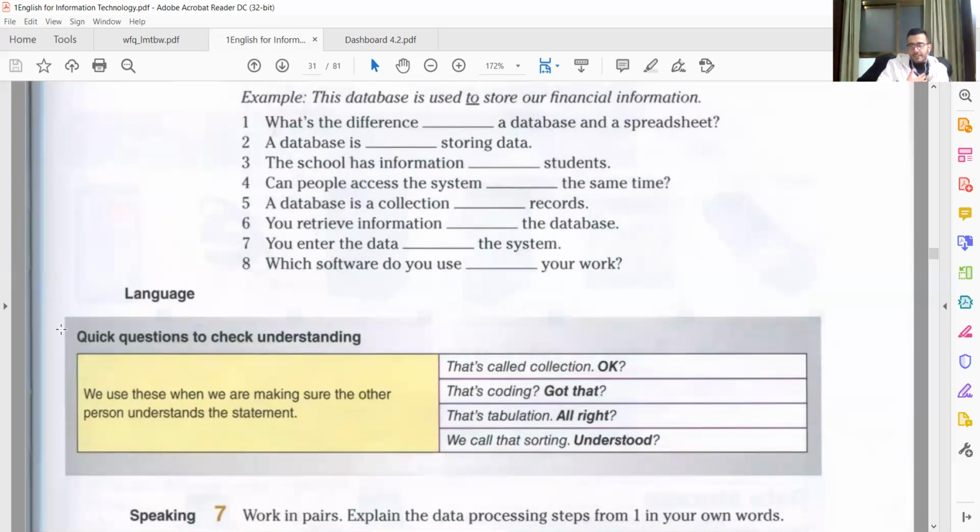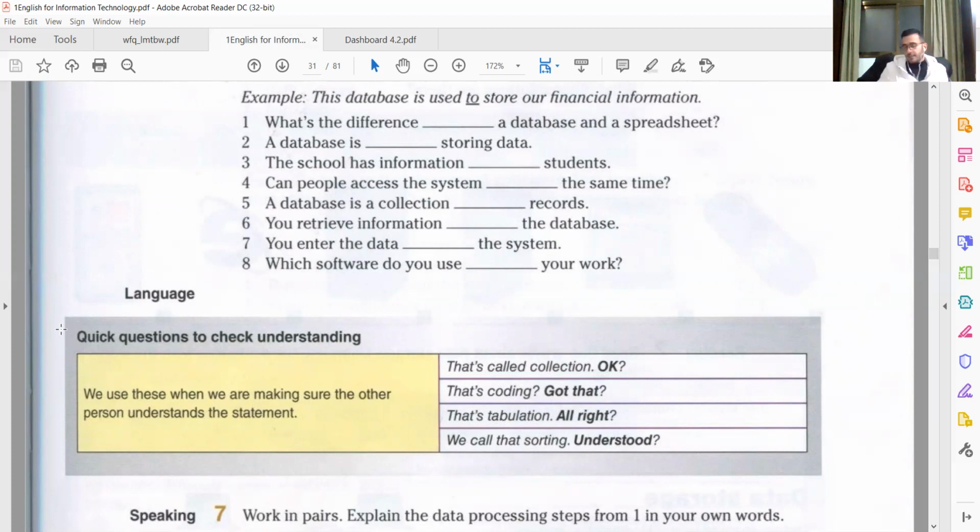For example, while I'm talking, after I speak I say okay, alright, understood, do you understand me, got that. Why do I ask these questions? Because I want to make sure that you understand me. Because I am the teacher, you're the students, I teach you.